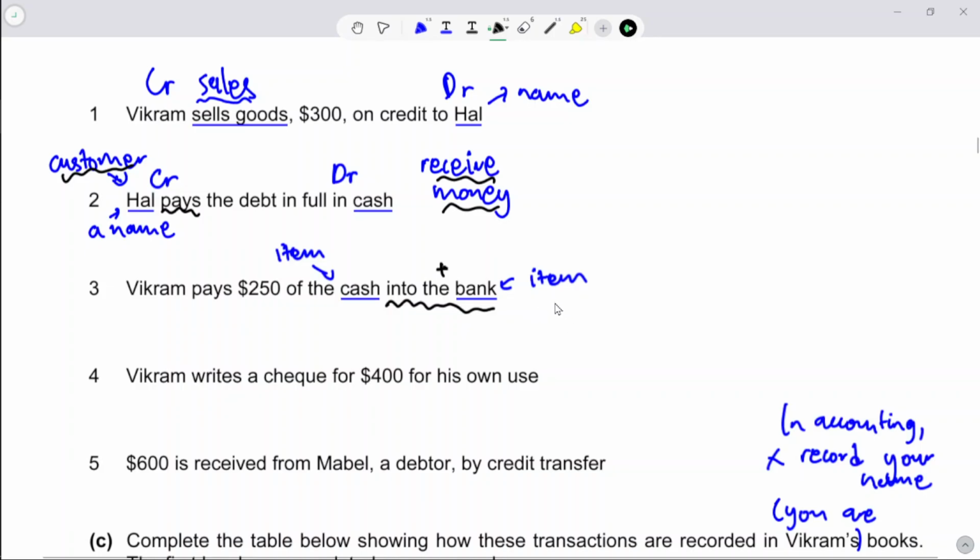So actually here we say bank receives money. So we should debit the bank, and if there is one debit, another one will be credit.